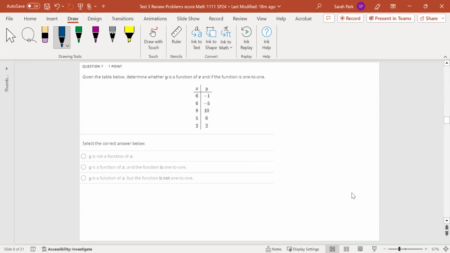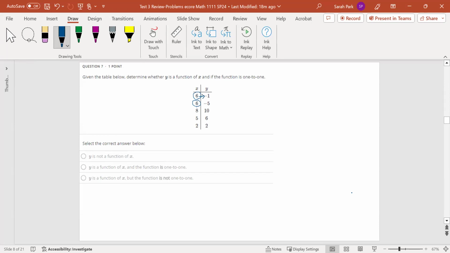Okay, number 7, given the table below, determine whether y is a function of x and the function is 1-to-1. Basically here, you're trying to see if there are repeated x values being mapped to more than one y value.